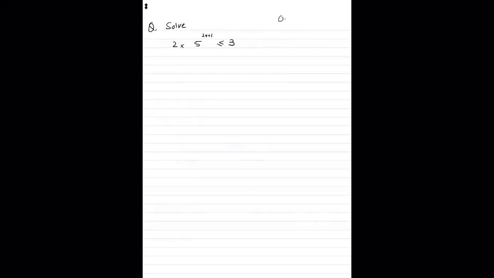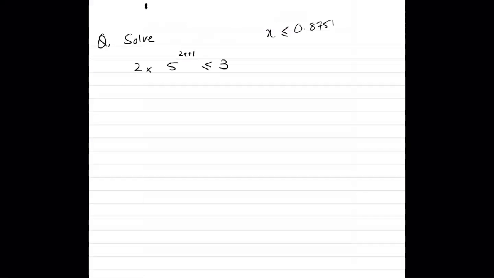Your answer is coming 0.8751. And x less than or equal to or greater than or equal to? Greater. Oh, greater. Greater or less? So less. Less. Okay. Now let's compare your answer with mine.